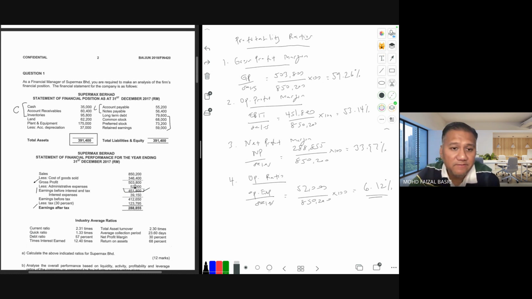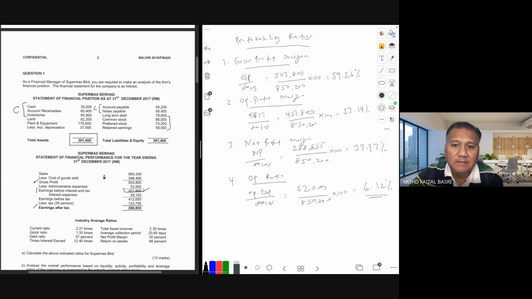So you can ambil 503,800 minus 52,000 to get this 451,800. Cuma sebab ni dia bagi kan, so you can see lah, but if it's hidden ataupun dia tak tulis dalam soalan, it's basically for you ambil gross profit minus dengan admin expenses, or alternatively you ambil EBT, earning before tax.